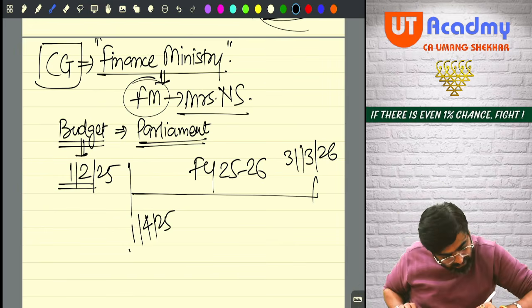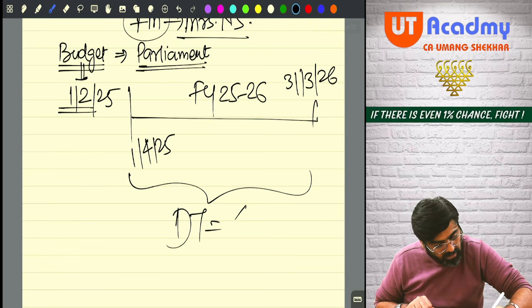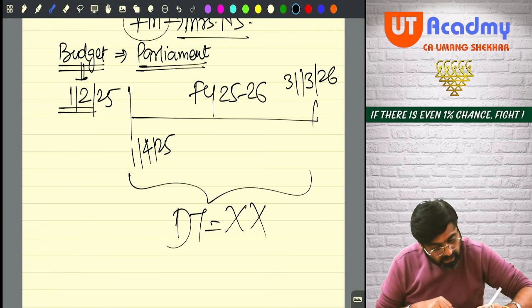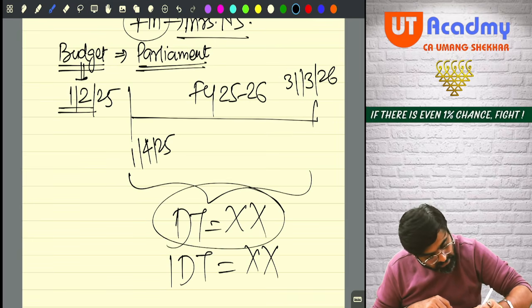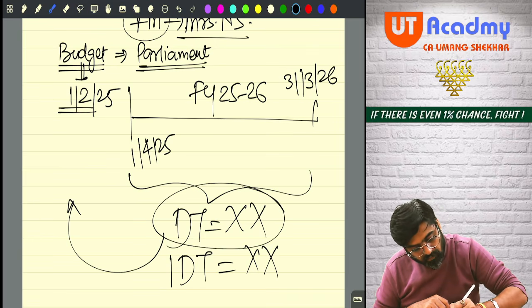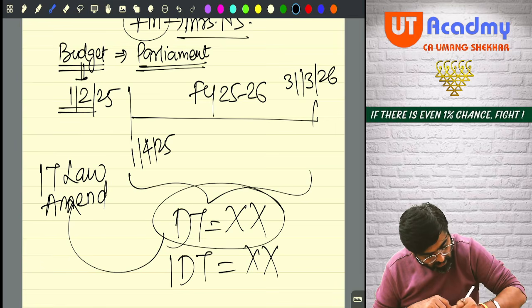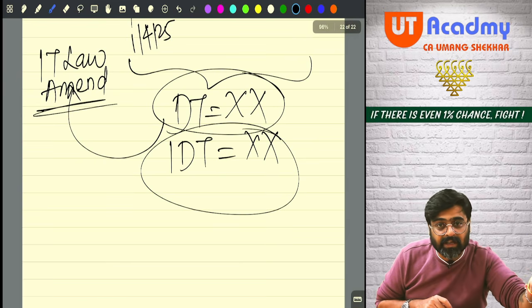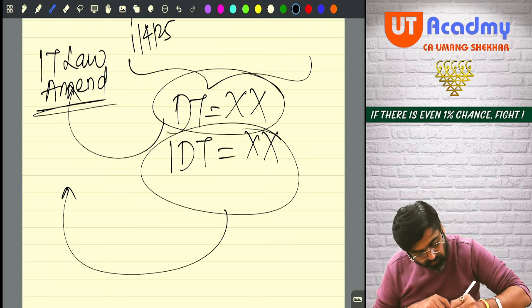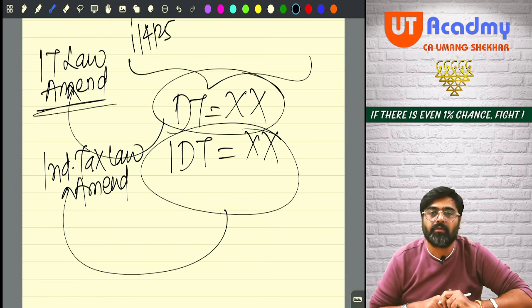Understanding? So in this year, direct taxes will be collected this much. Indirect taxes will be collected this much. And this much collection will be made only if the income tax law has certain amendments. This much indirect tax next year will be collected only if the indirect tax laws have some amendments.